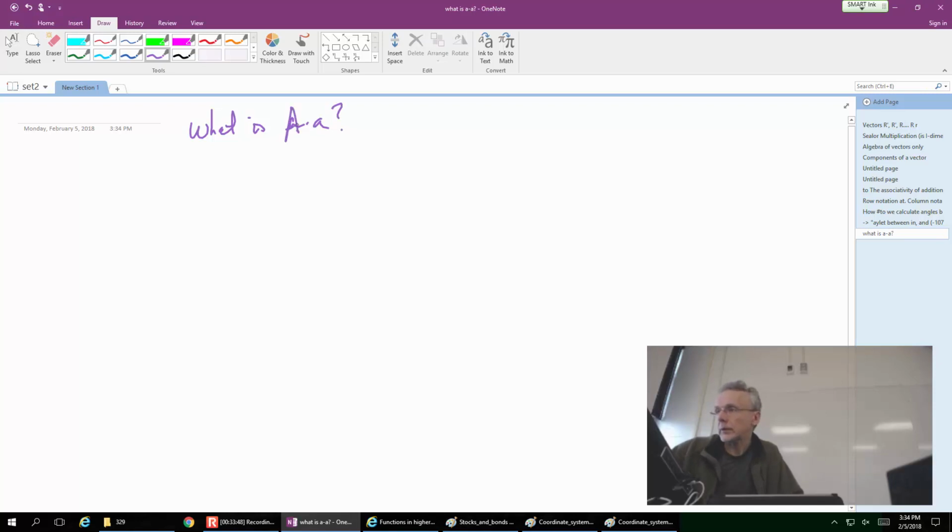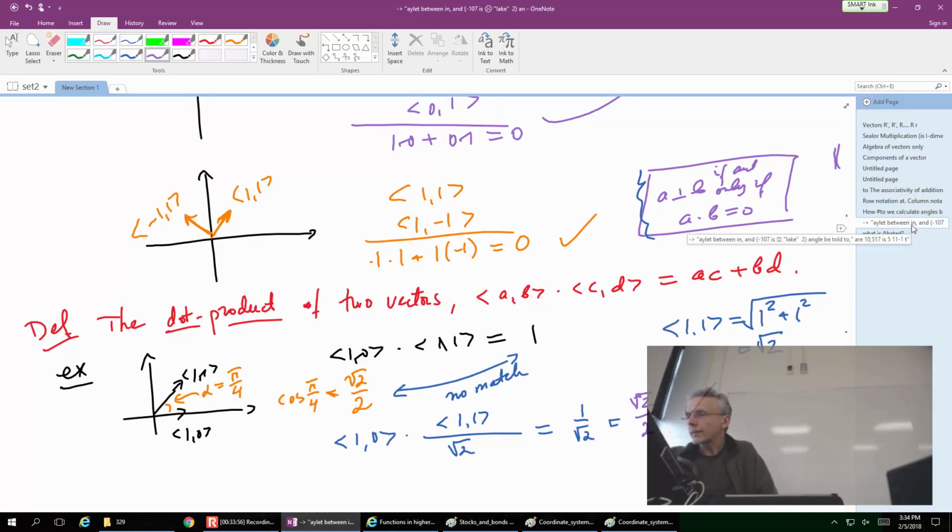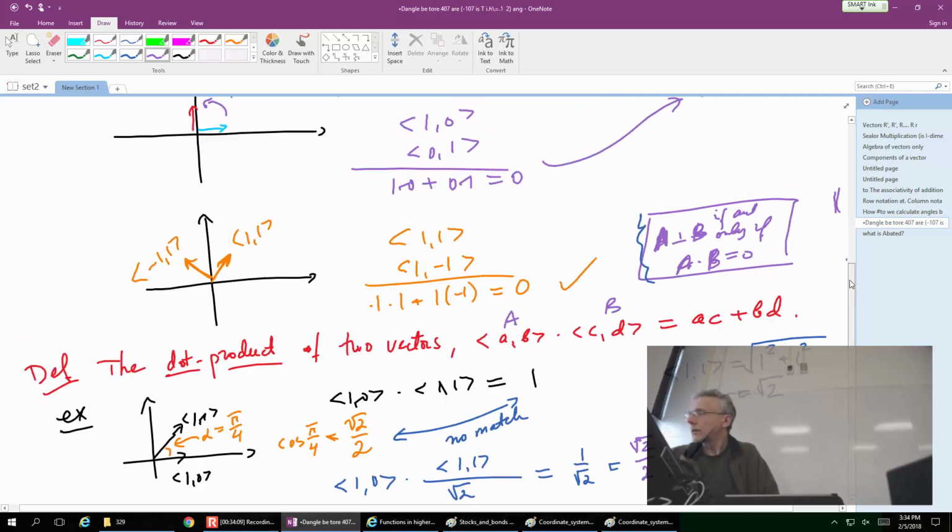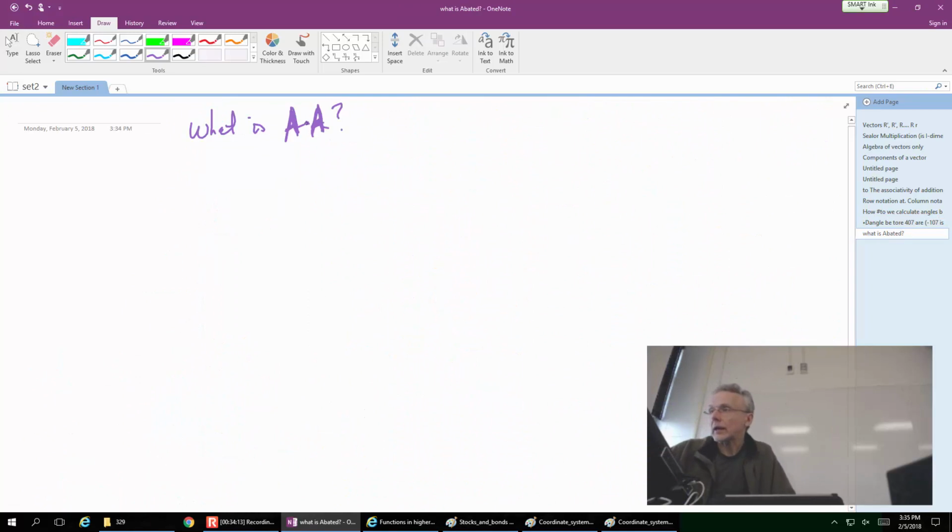Oh, I put vectors here. Yeah, I forgot about my commitment to use capitals for the vectors as well as points. So these are vectors. Okay. So what is the meaning of A dot A?